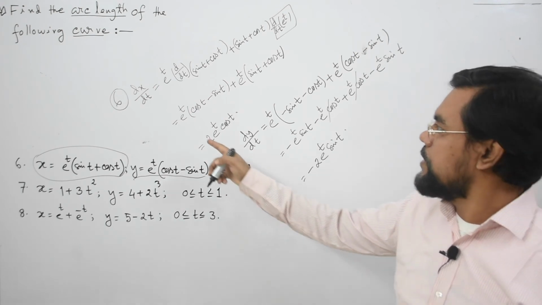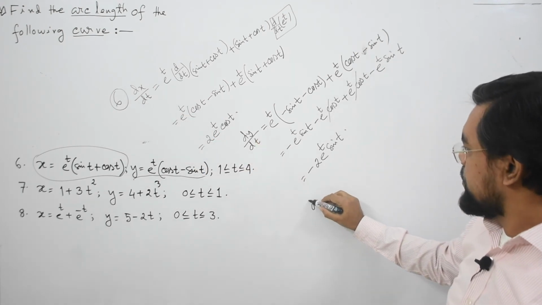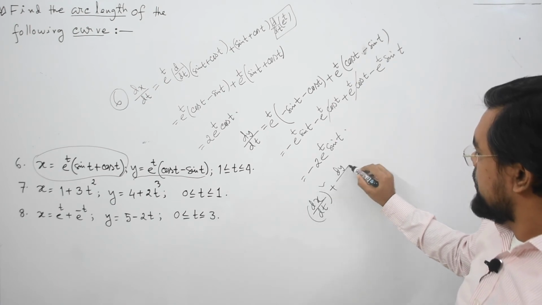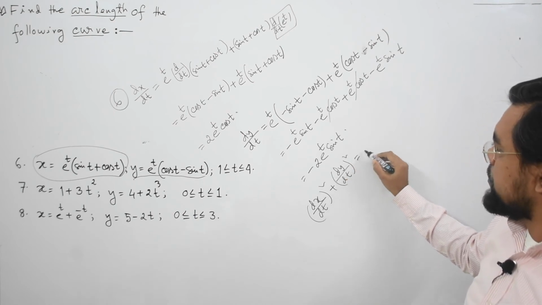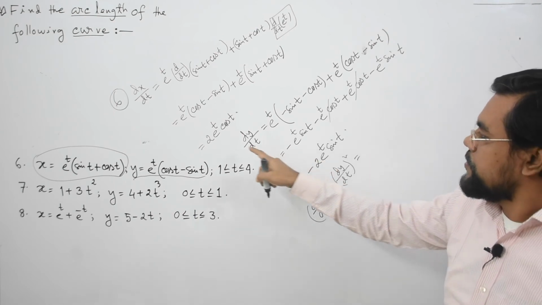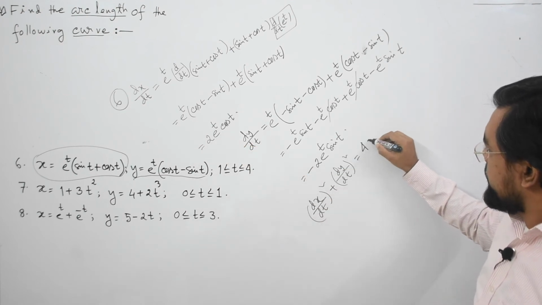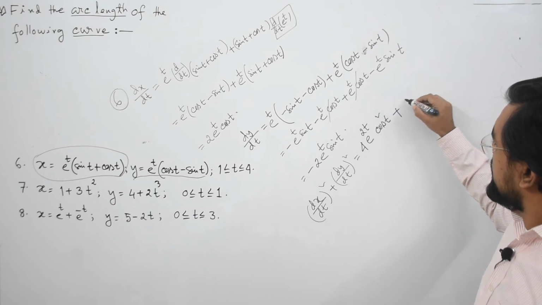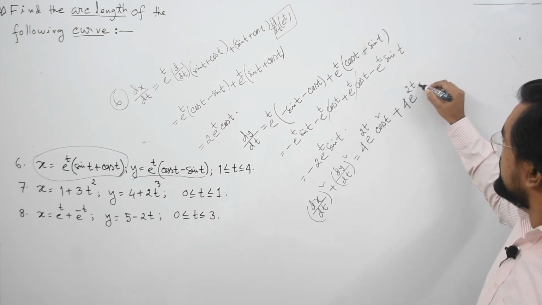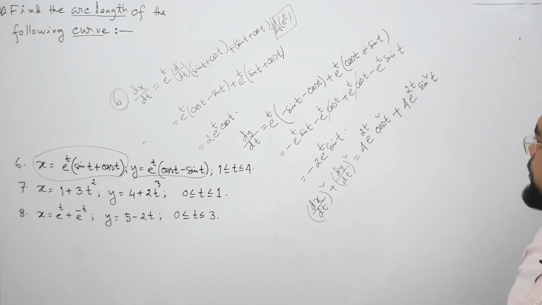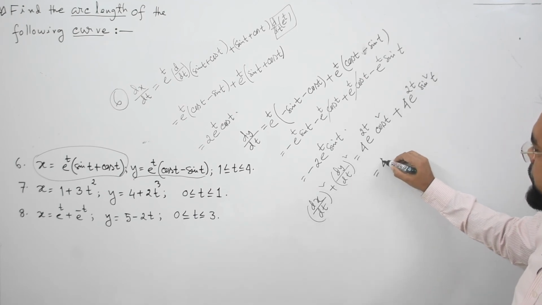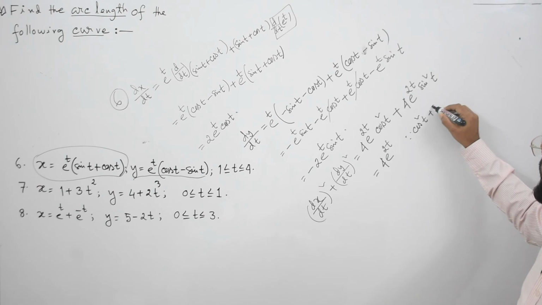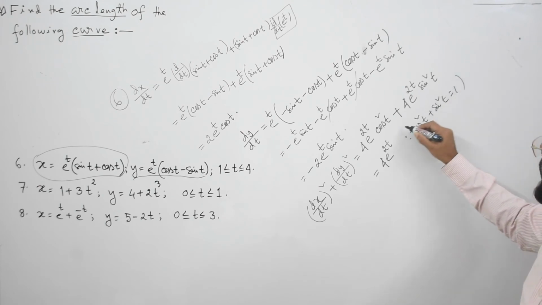Now we can square and add. dx/dt squared plus dy/dt squared is equal to, if you square this term, 4e^(2t)cos²t plus 4e^(2t)sin²t, which is equal to 4e^(2t), since cos²t plus sin²t equals 1.